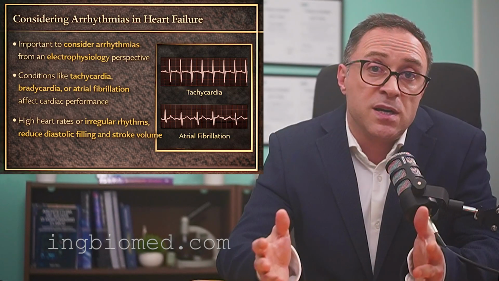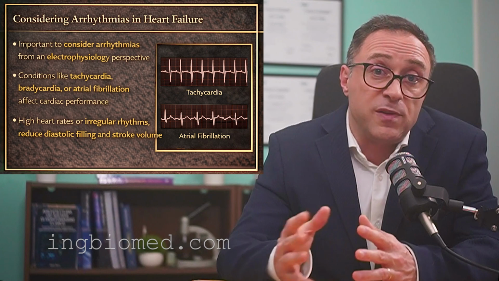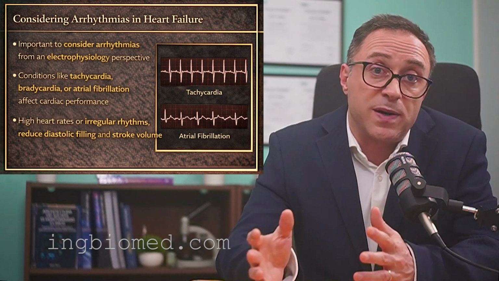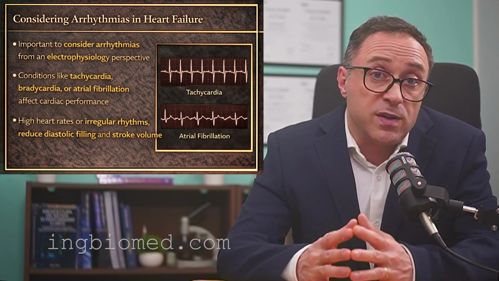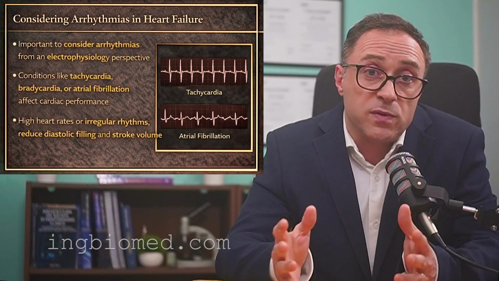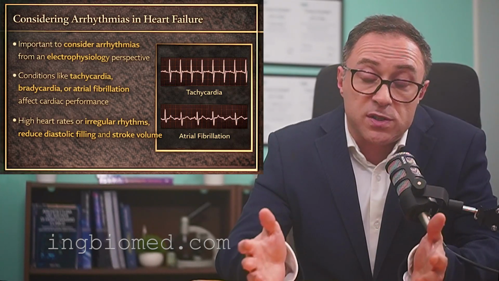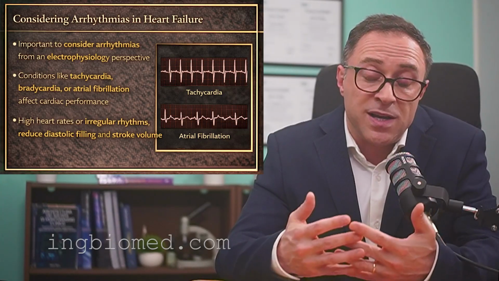For instance, if the heart rate is too high, diastolic filling is reduced, and this directly impacts stroke volume. If the rhythm is irregular, as in atrial fibrillation, the contribution of atrial contraction is lost, and ventricular filling becomes less efficient.